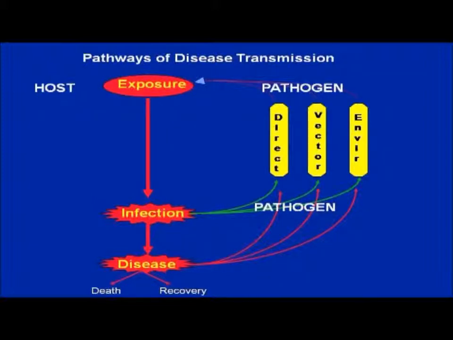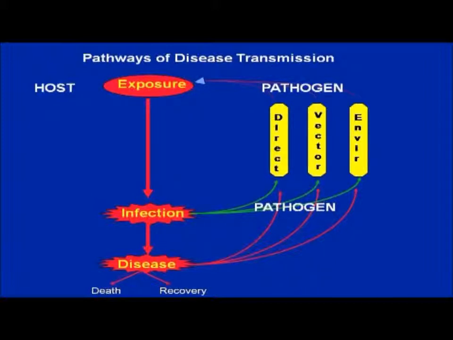Exposure moves on to infection, and infection to disease. Then from the infected or diseased human body, the pathogen is going out through cough or through blood or whatever, in some cases.